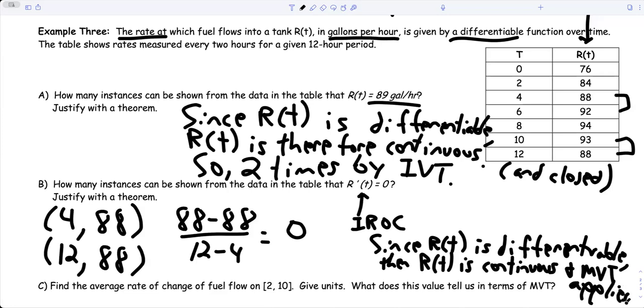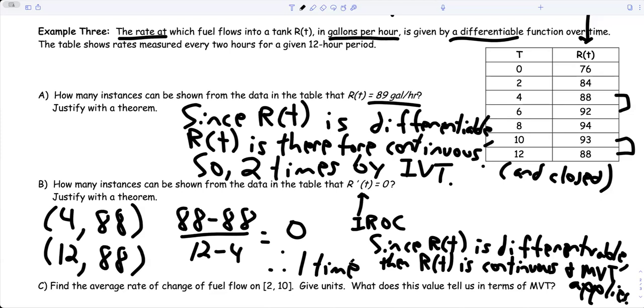You gotta have that. You don't have to have MVT, but you've gotta have that. And then answer the question, how many times? Therefore, there's a minimum of 1 time. So you can't justify anything else based on the values that they gave you in that table.